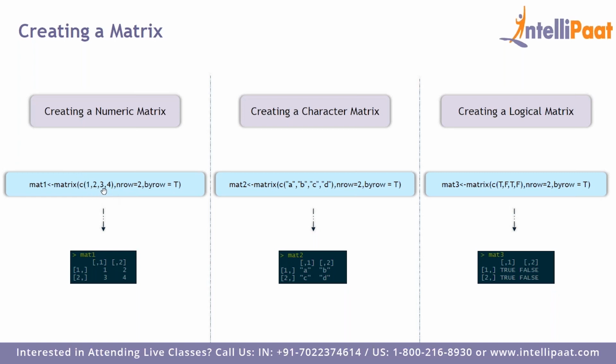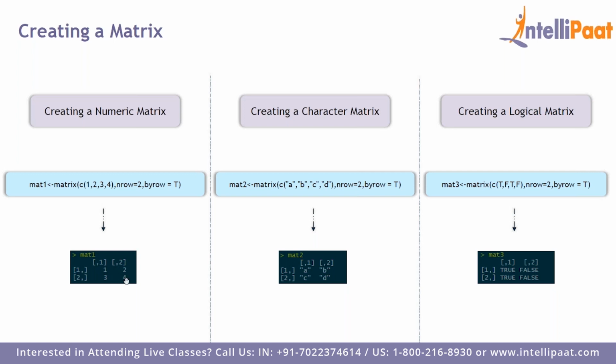I want this in my matrix. And how do I want it? I want 2 rows. So automatically, if you have 4 elements and 2 rows, you'll have 2 columns. So we'll have 1, 2, 3, and 4. And the third one is byrow equal to TRUE. That means start assigning the elements to the different placeholders and fill the row first. So 1, 2, and then 3 and 4.